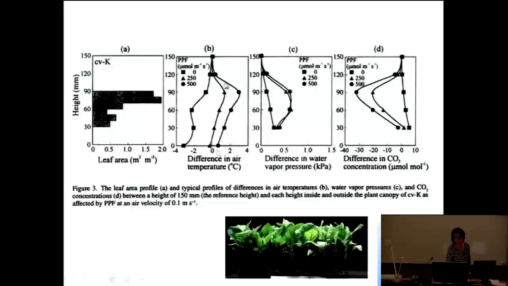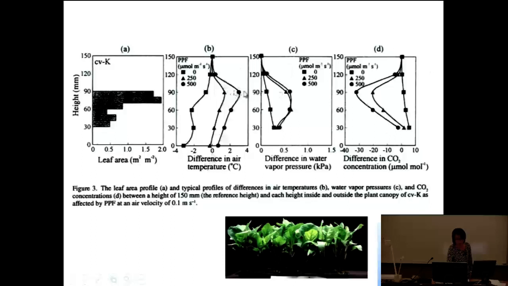The higher the light, the higher the temperature relative to the reference point, close to 3 or 4 degrees greater. When you have half of the light intensity, 250, you have a smaller difference compared to the top. The air temperature is presumably constant, because it is a growth chamber condition. So that's the temperature distribution.